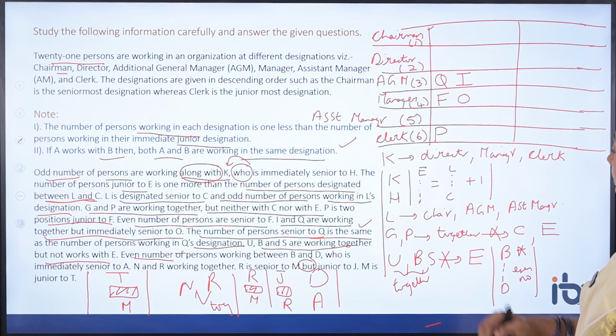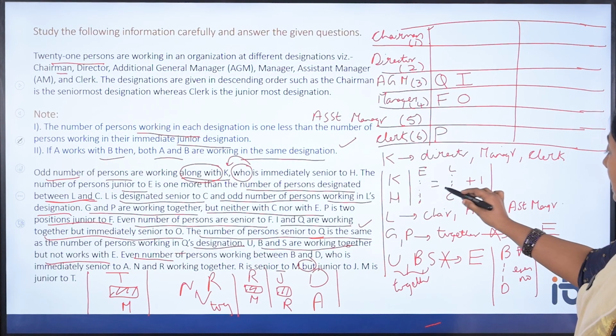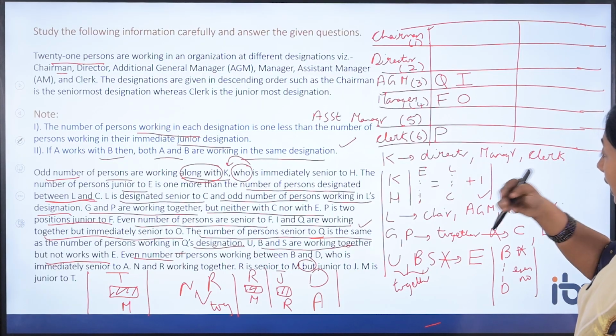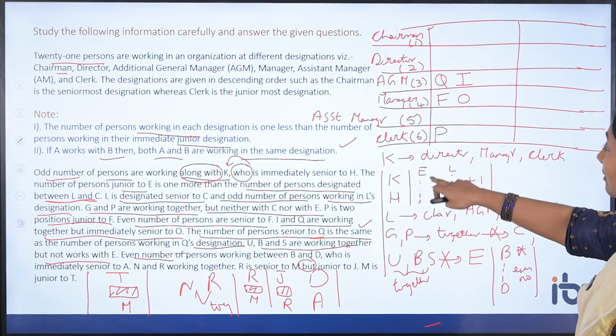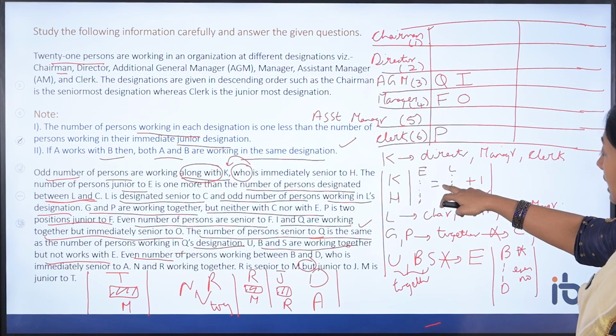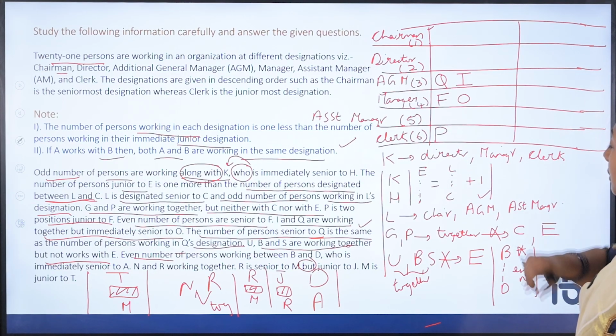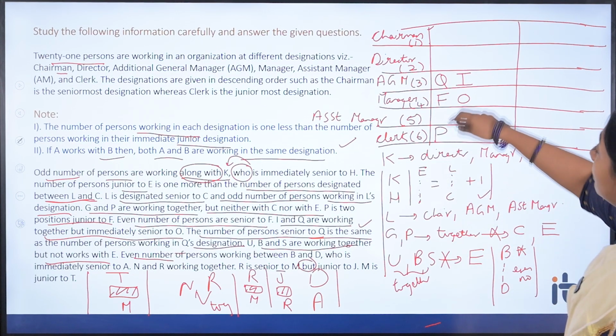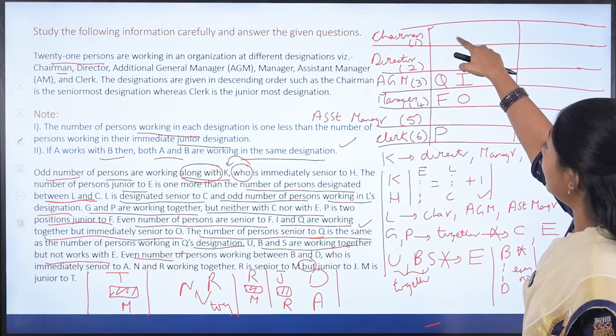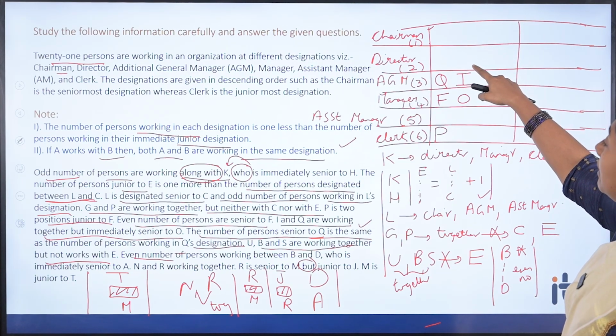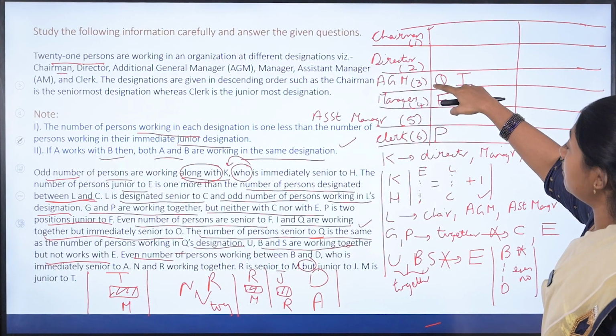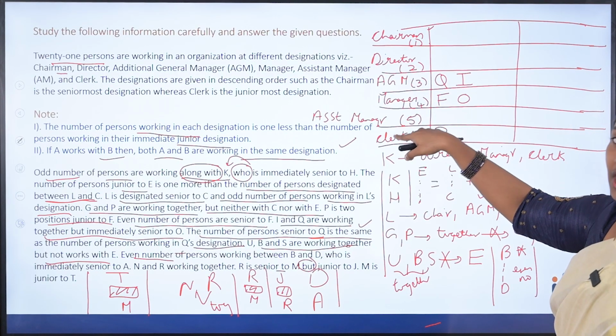If you look at this statement, number of persons junior to E is one more than persons between L and C. So let me find out any case if E is here. If E is here, number of persons junior will be 5, 9, 9 plus 5, 14, 20.